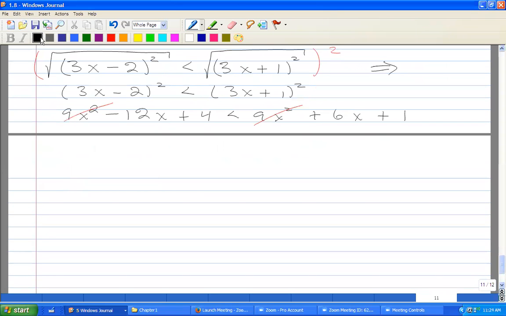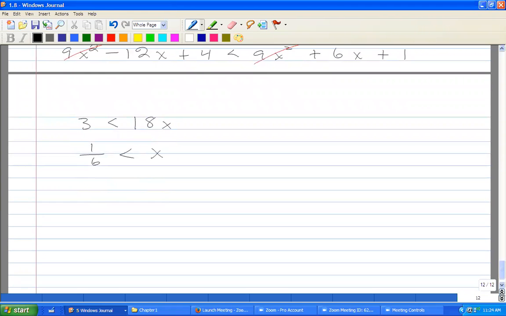Let me subtract 1 from both, add 12x to both sides of my equation, divide by 18. And so 1/6 is less than x. Let me write that in standard form. So I have that x is greater than 1/6. And so this is just the open interval, 1/6 to infinity.